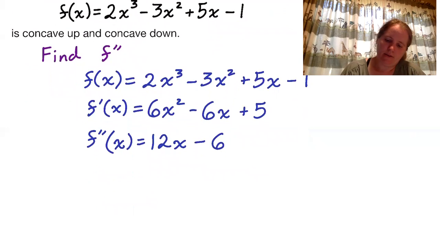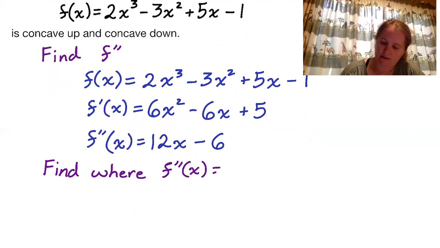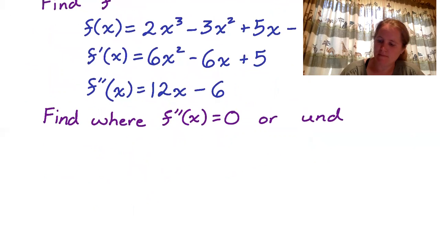Now we find where this is either 0 or undefined. We're finding where f double prime of x is equal to 0 or undefined. So in this case, it's never undefined. Again, we're working with a polynomial.